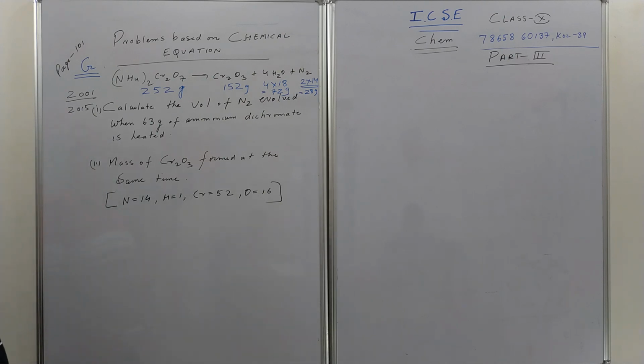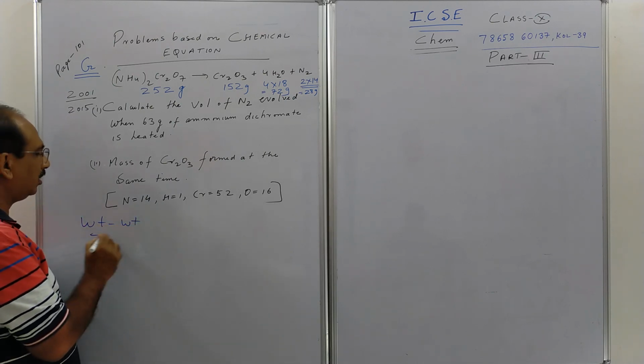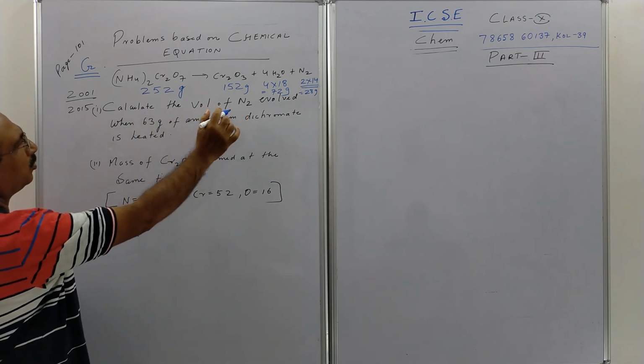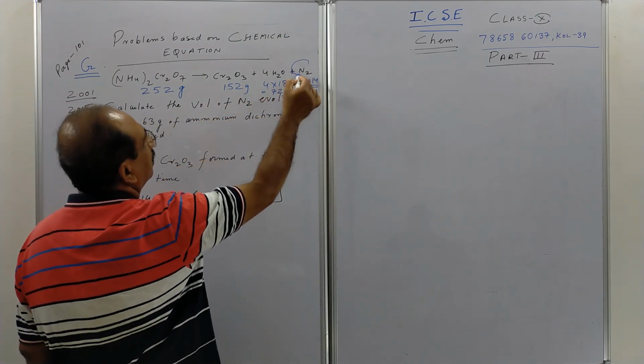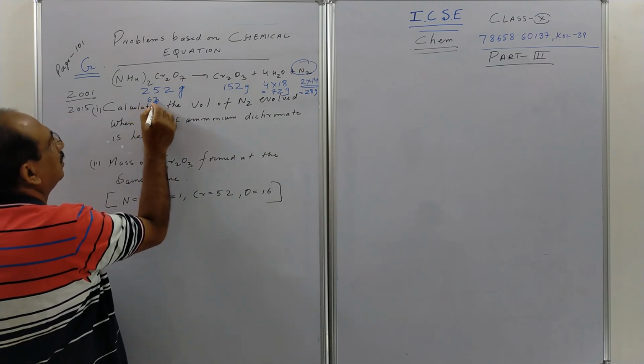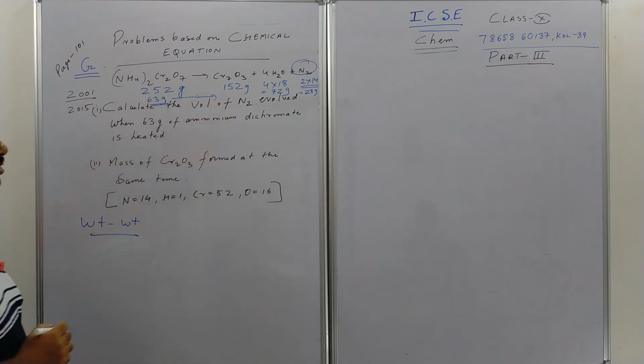Now, how do we solve? First I'd like to tell you what is weight relationship. But actually here in the first question, we have to calculate the volume of N2, nitrogen, evolved when 63 gram of ammonium dichromate is taken. When you take 63, how much will be nitrogen? Listen very carefully. What is weight relationship, children?